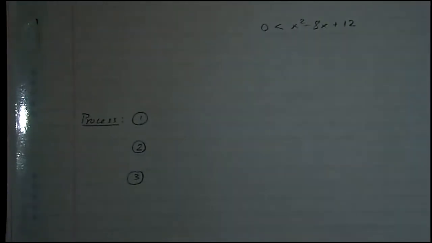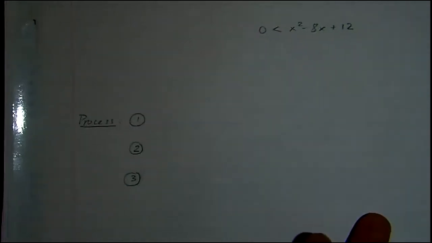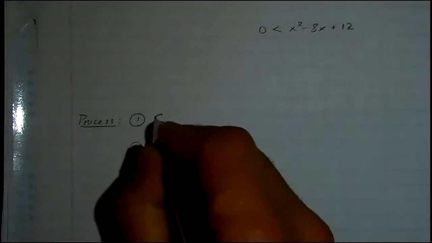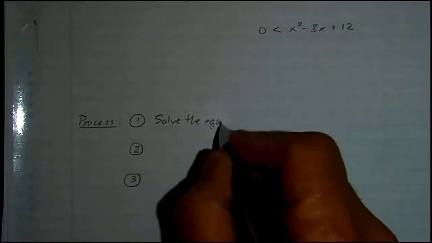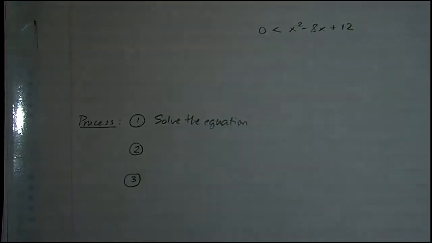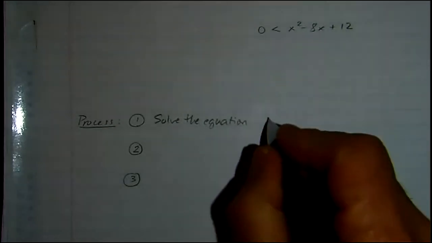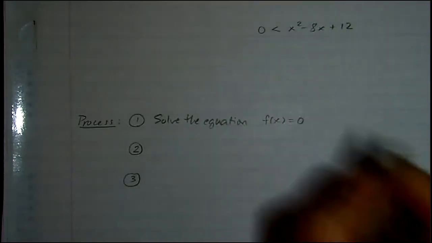Okay, so I'm going to jump down to the bottom of my page of notes real quick. And if you want to see how the book presents it, you can look on page 360. But let's boil it down into the essential things. Number one, we're going to solve the equation first, a specific equation, f of x equals 0.